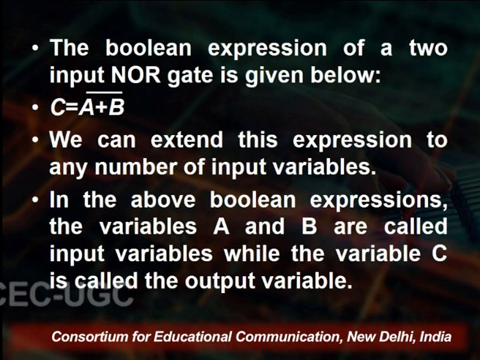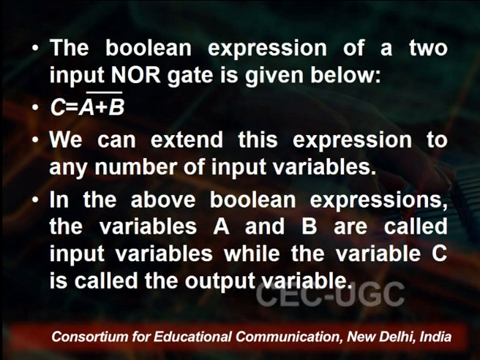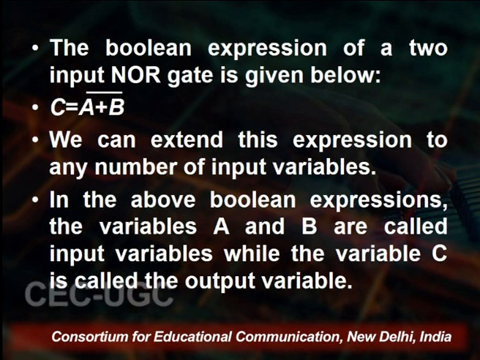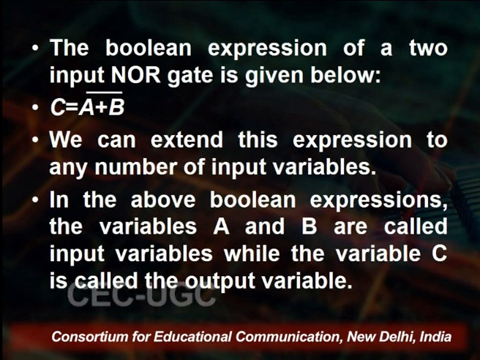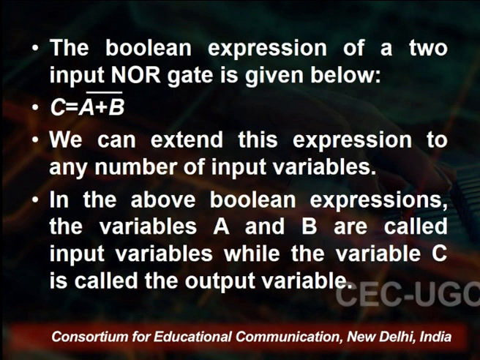We can extend this expression to any number of input variables, like A, B, C, D. Similarly, we add these inputs and take the inverse of the result. In the above Boolean expression, variables A and B are called the inputs and the variable C is called the output.